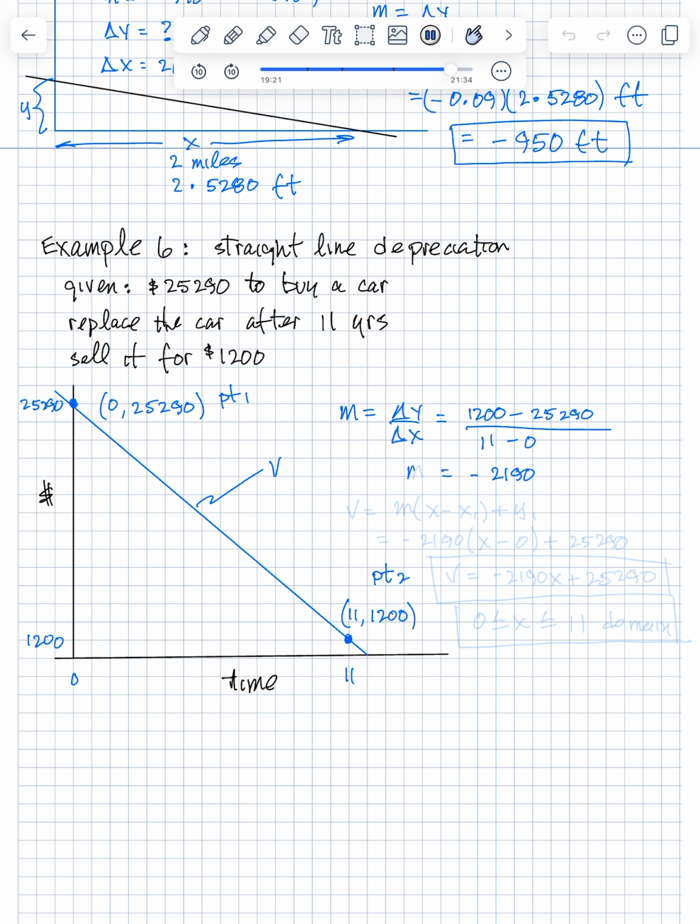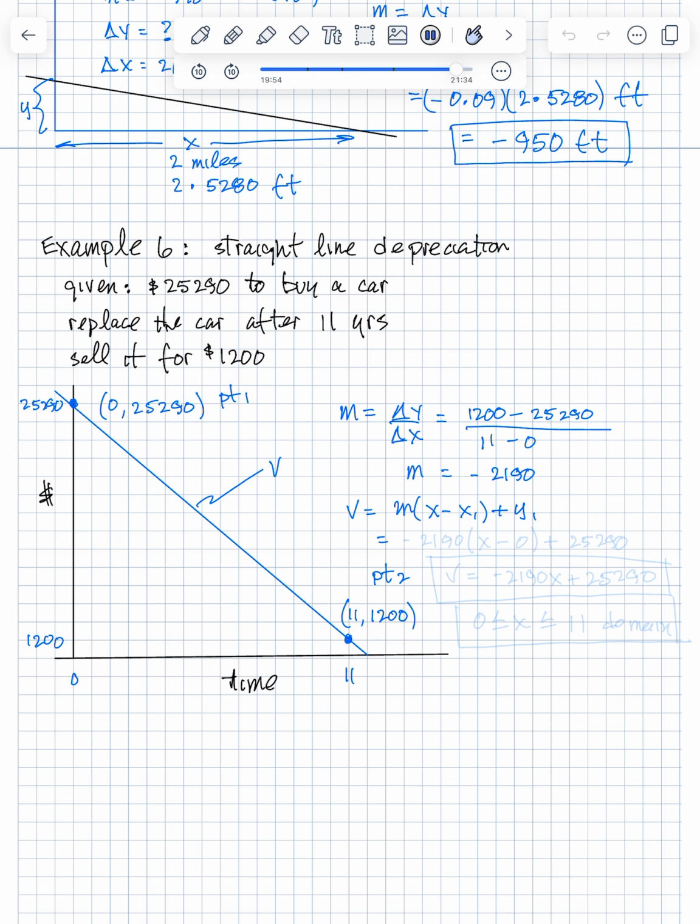So this is m. Now, we can use our point-slope equation, V equals m times (x minus x1) plus y1. Now, also, you can use either point for the x1, y1. And so, since I started out with point 1 being on the left, I'll just keep it at that. Doesn't really matter.